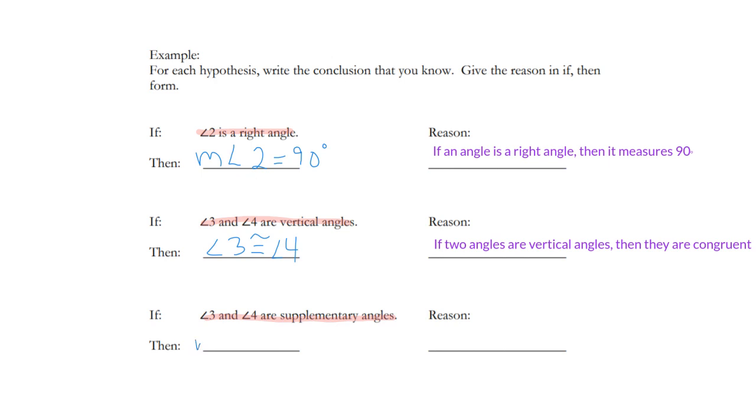So if they're supplementary to each other, we know they add up to 180 degrees. So measure of angle 3 plus the measure of angle 4 equals 180 degrees. And our reason for that one is, if two angles are supplementary, then their sum is 180 degrees. This is going to help us get started on writing proofs, going from a true statement or fact to something we can conclude because of that fact with a solid reason or piece of evidence.